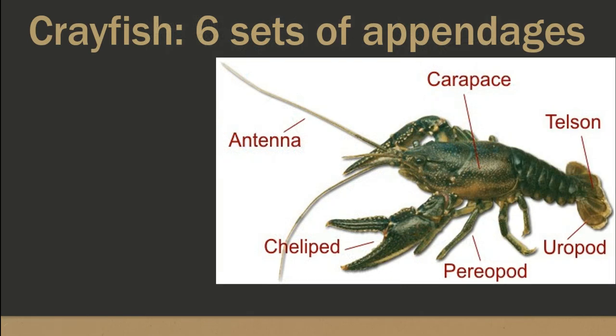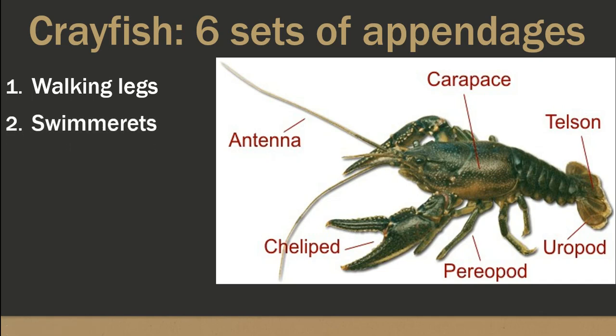All right, so the crayfish has six sets of appendages. You're going to write these down. The first one will be the walking legs. Here they're named pereopods, right here, for walking. Next we'll have the swimmerets. You can't see those in this picture. They're underneath on the ventral side of the abdominal area. We have the uropod and telson, so that's the tail region.